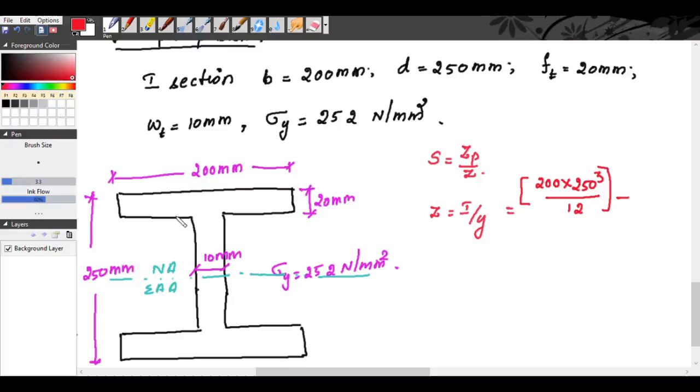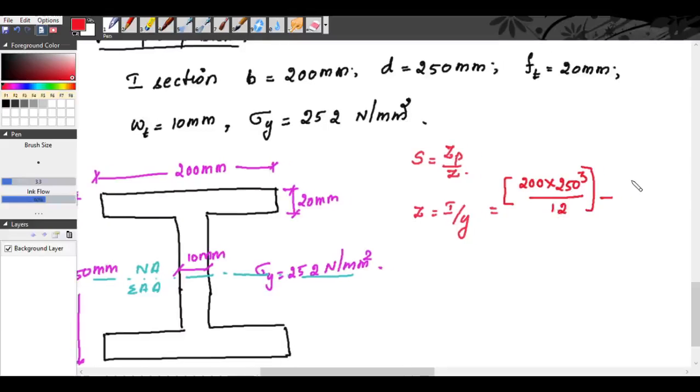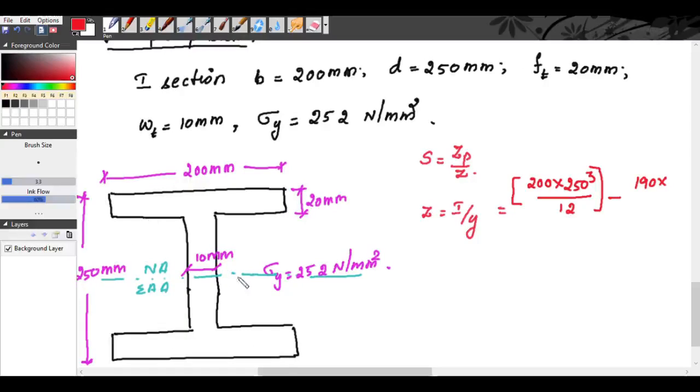Here this is 10, so remaining is 190. So minus 190 times this depth cubed. Totally it is 250 minus 20 minus 20, so it is 210.